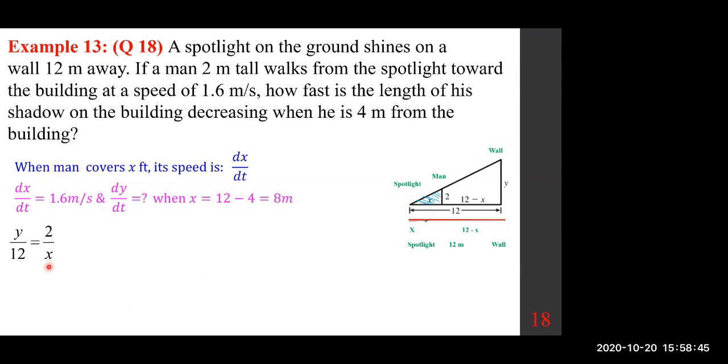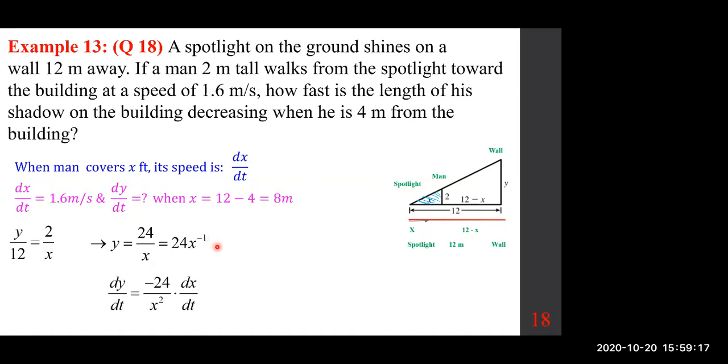We can solve for y because we are interested in dy dt. So when we solve for y, we get 24 over x, or 24x to the power of -1. Okay, this is a very simple differentiation. Now dy dt is 24 times -1, x to the power of -2 times dx dt.